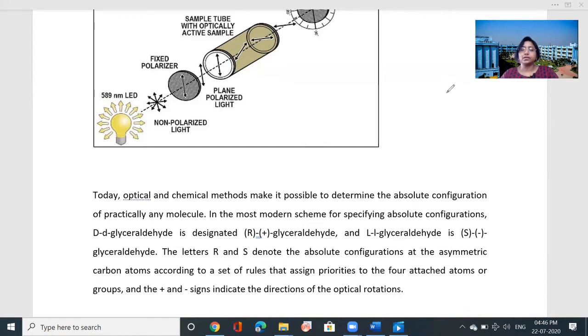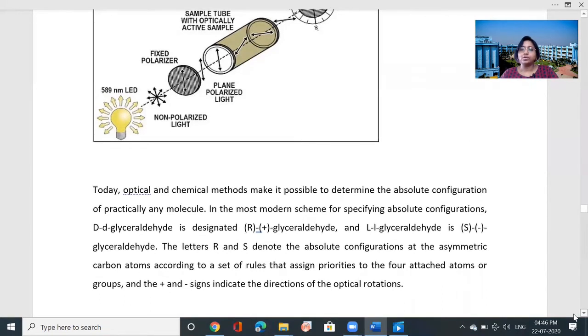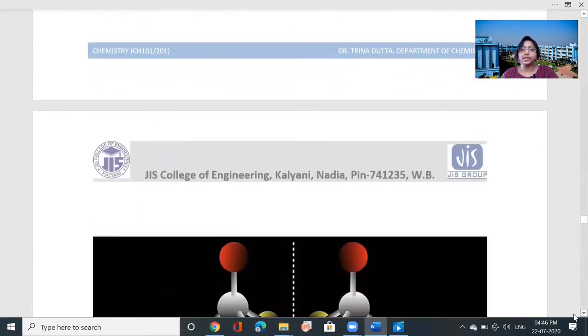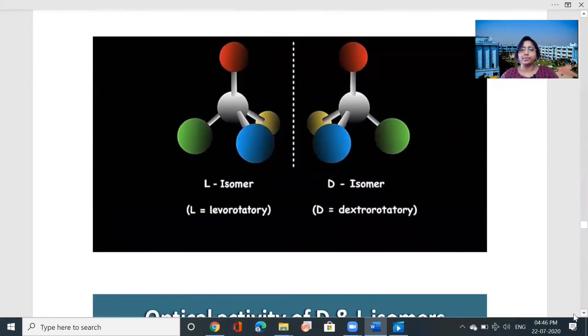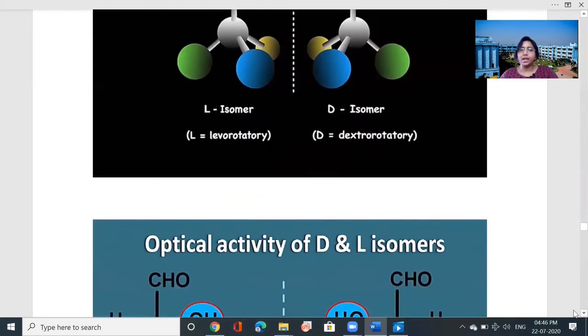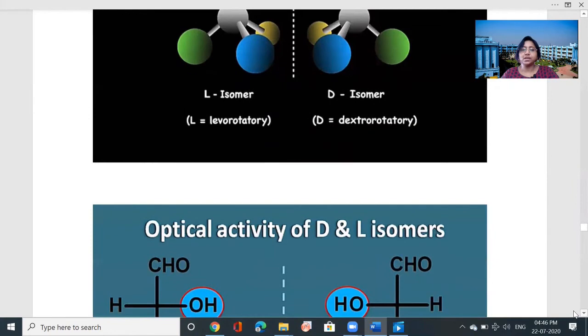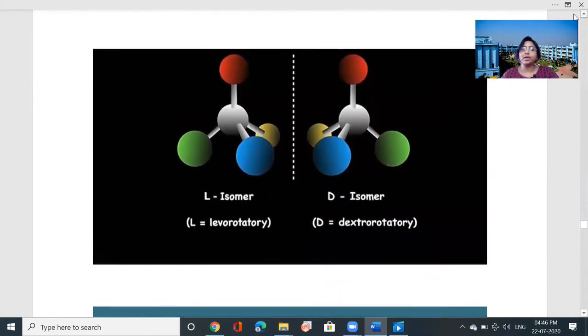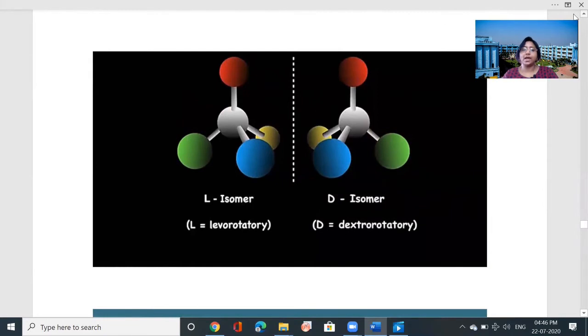Okay, so now look at the following picture, then you will be more clear. So optical activity: that is the L isomer, L for levorotatory, which means it rotates the plane polarized light in the left direction.